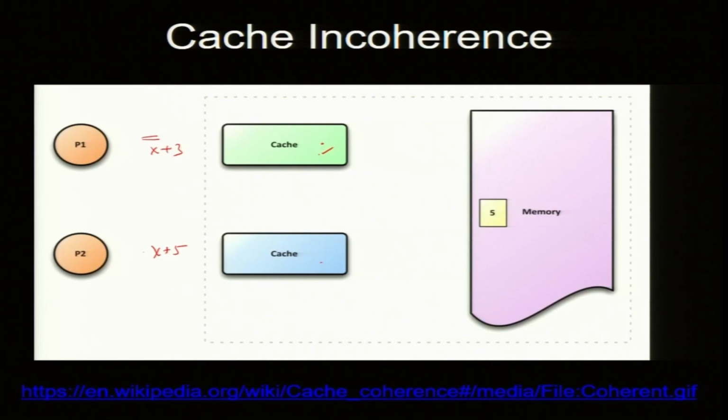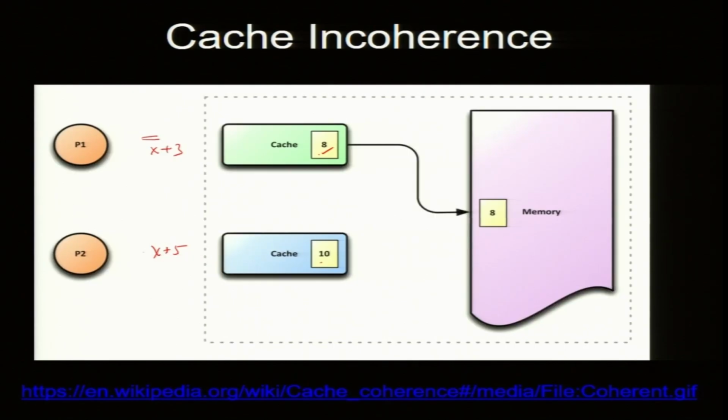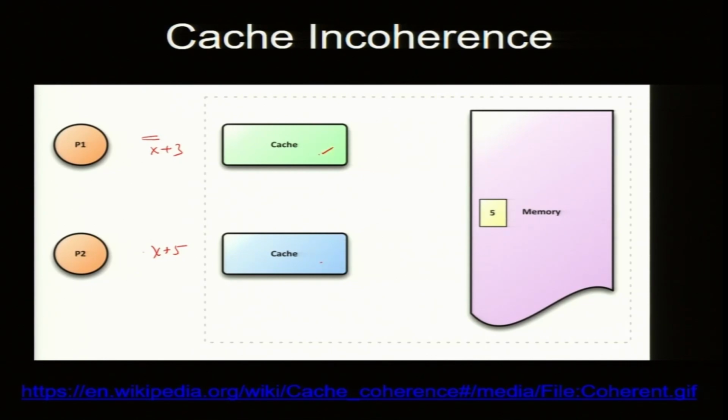Now, this one is 8 and that one is 10. What should I store in the memory? Should I store 8 or 10? Now, it is a total chaos, right, because it is the same variable X. So, we have to do it in sequence and make sure that it is all consistent. Your algorithm should not create this kind of problem.